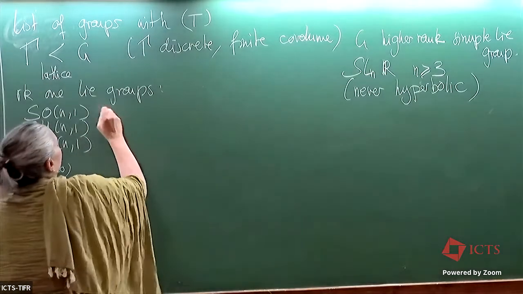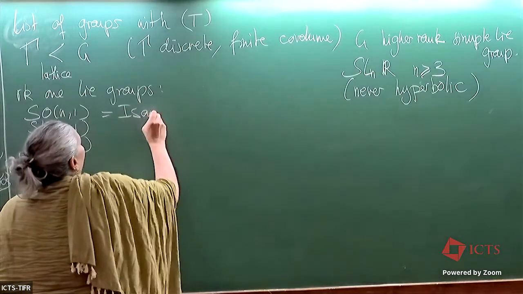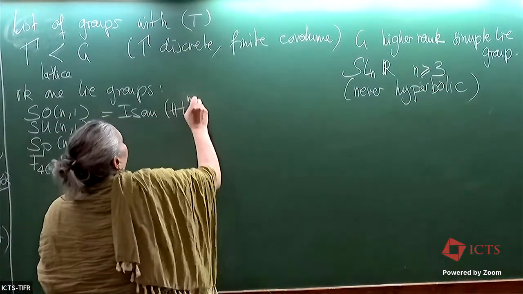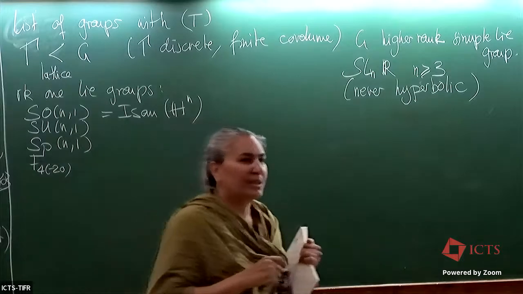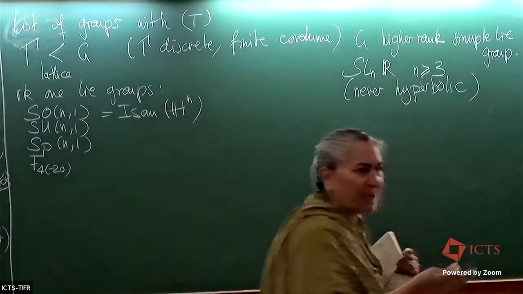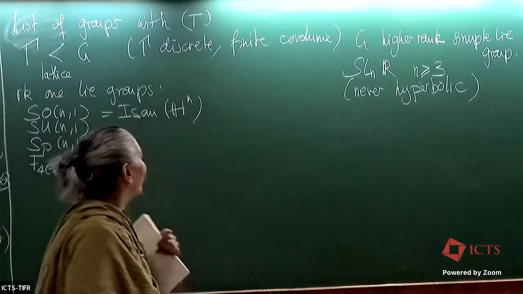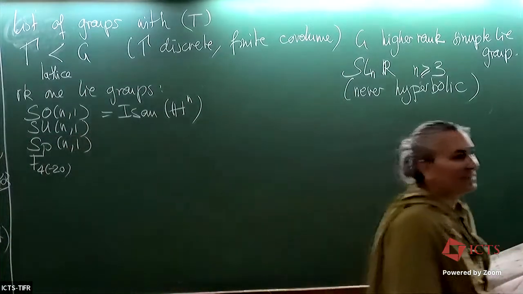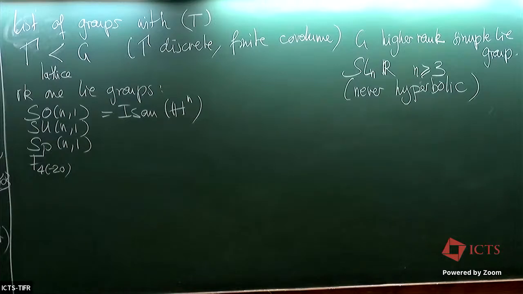Those are the isometries of the real hyperbolic space of dimension n. That guy you might have seen already, it's a space with constant curvature minus 1.